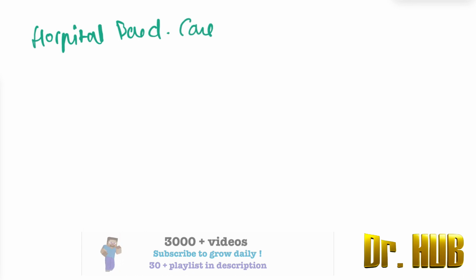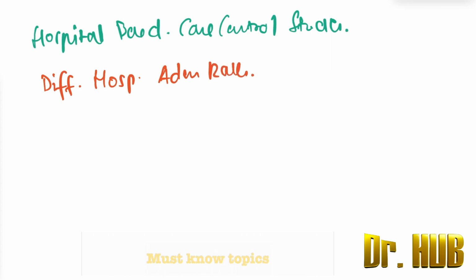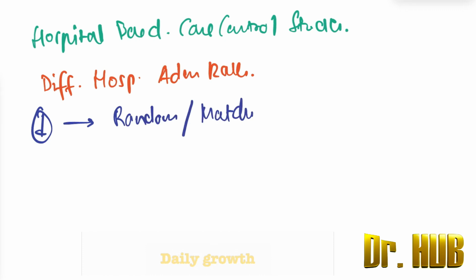The Berksonian bias occurs in hospital-based case-control studies, and it occurs due to differential hospital admission rates. How do you reduce it? The reduction of Berksonian bias would be by randomization, as well as by matching.